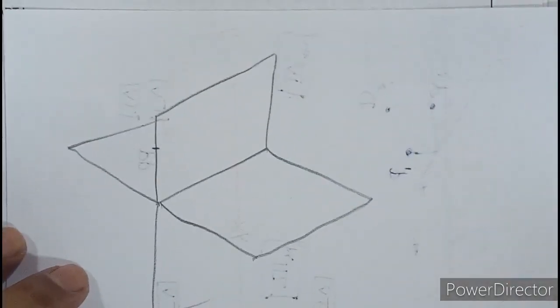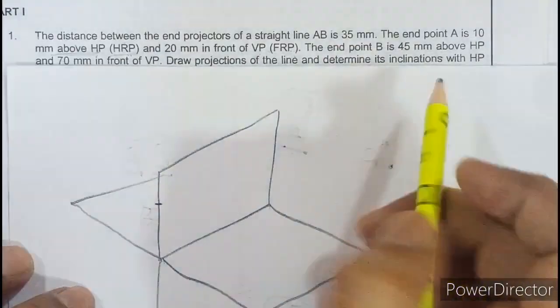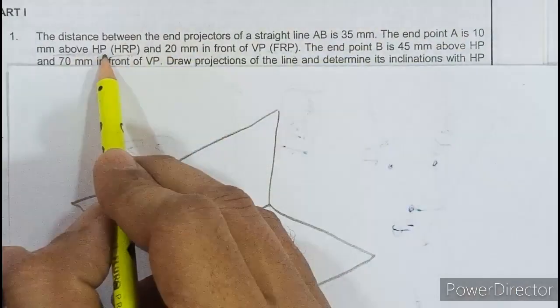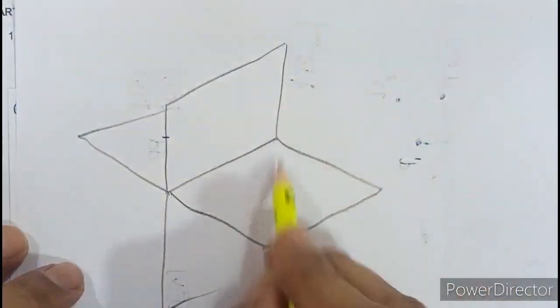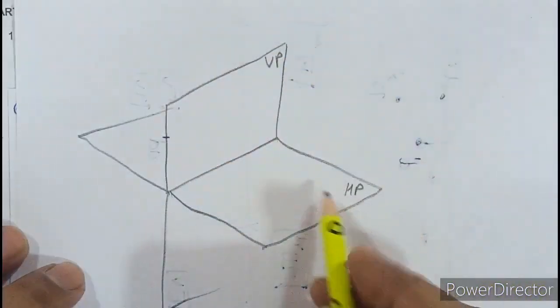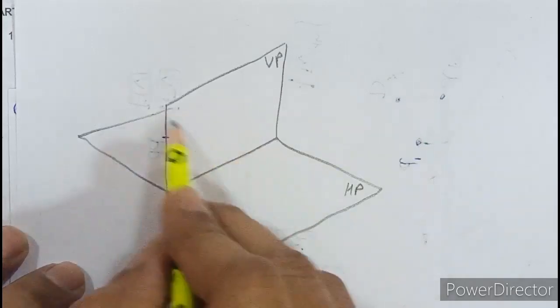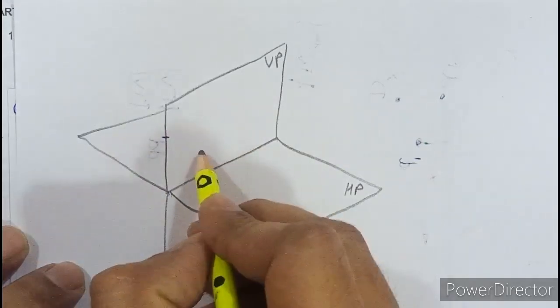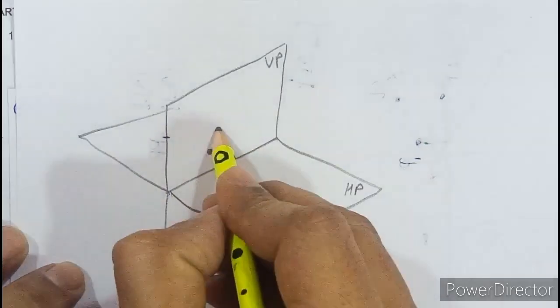So now what they've said, point A is 10 above HP and 20 millimeter in front of VP. So anything above HP, so this is HP and this is VP. So if a point is above and in front, it means it lies in the first quadrant. So point A is here.